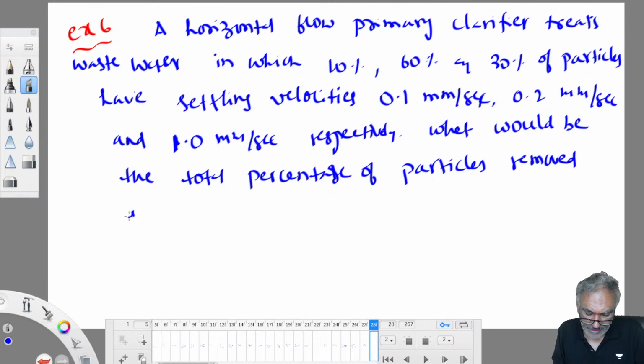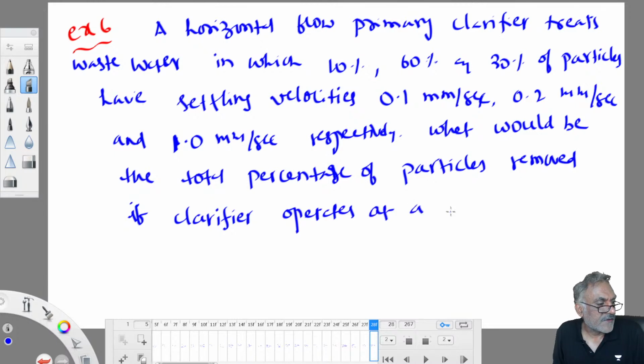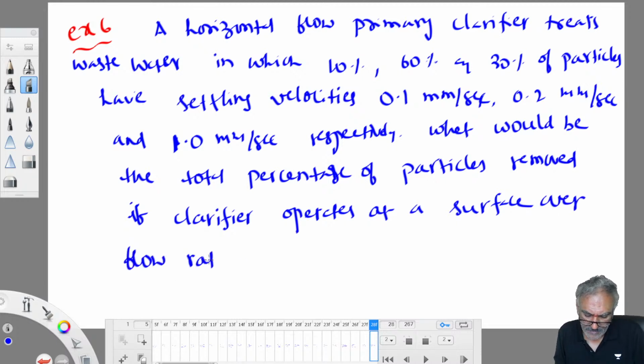If the clarifier operates at a surface overflow rate of 43.2 meter cube per meter square day. Clarifier is also the same as a sedimentation tank only, a synonym for sedimentation tank. This is how it is.